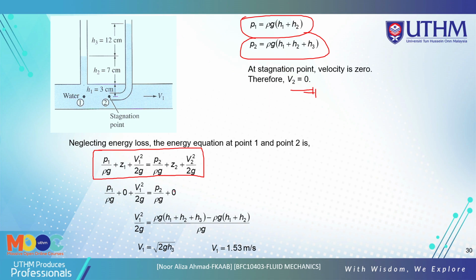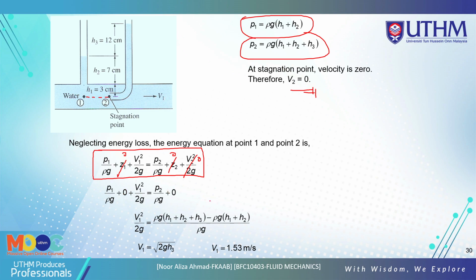So just put the values here. Z1 and Z2 are at the same level, so there is no Z1 and Z2, that's why we have 0 here. Put the pressure 1 and pressure 2 into this equation, and the velocity 1, because velocity 2 is also 0, since it's a stagnation point.